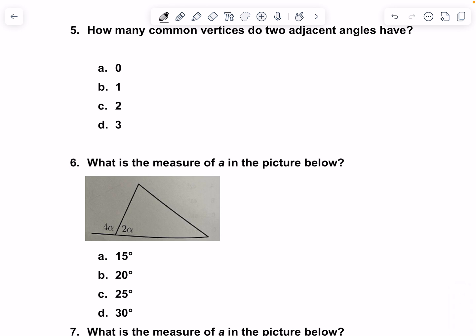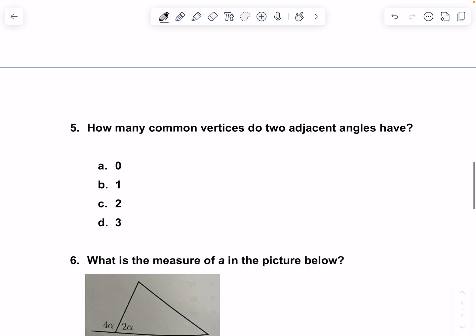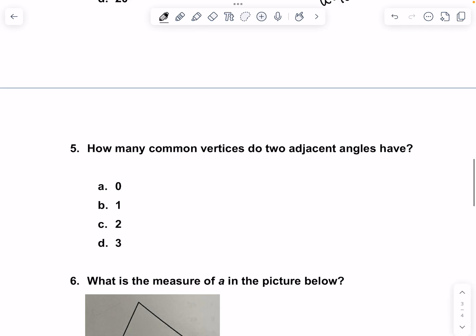Number 5 says, how many common vertices do two adjacent angles have? So adjacent angles are, for example, let's just draw this. Adjacent angles would be right next to each other, like this. They aren't connected necessarily, but they're right next to each other.